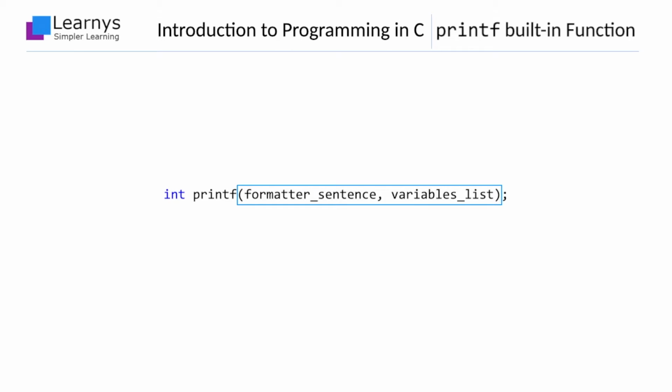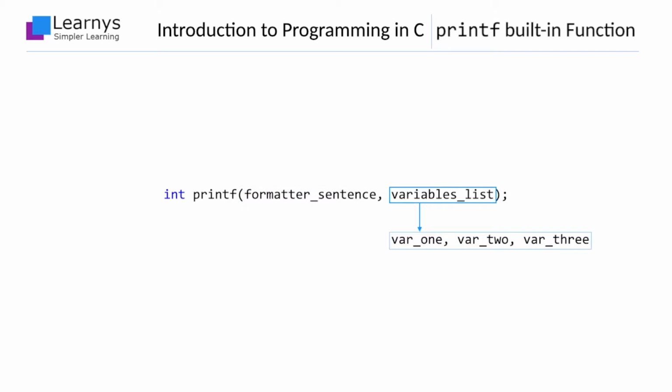The first one is the formatter sequence and the second one is actually a set of arguments, which we are calling the variables list. Let's understand them one by one. The second argument, which is the variables list, is just a comma-separated list of variables whose value you want to be printed on the screen. This is one such example.